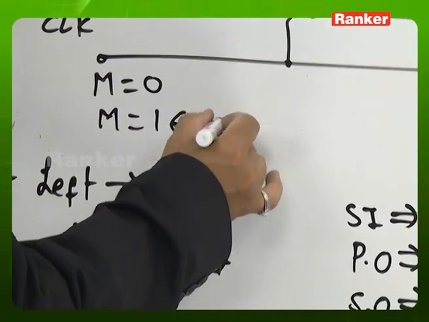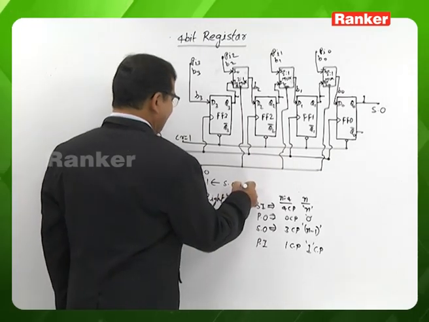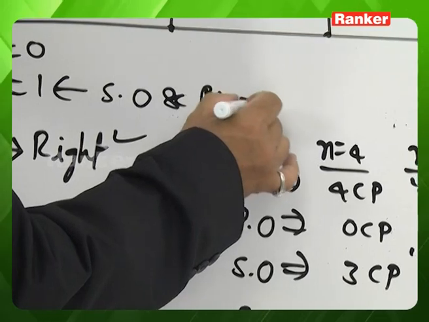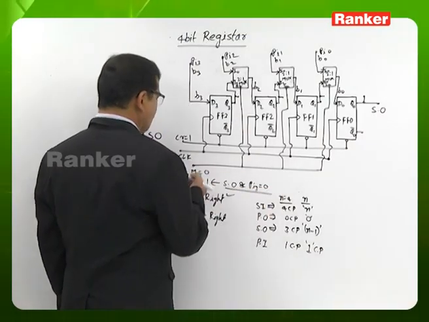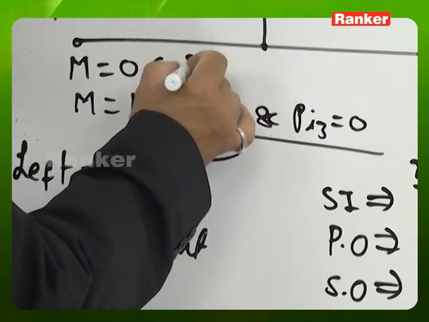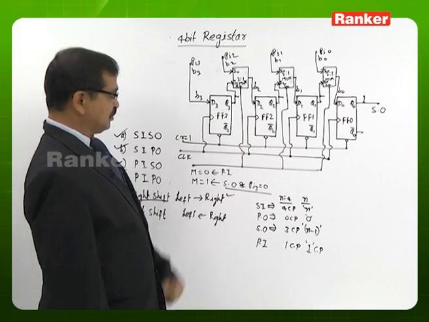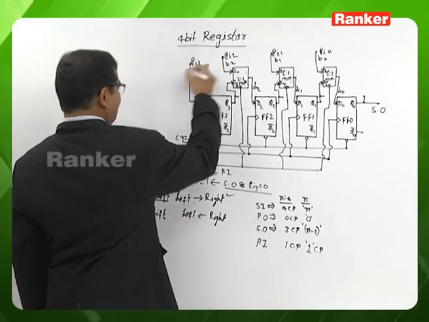For serial output operation purpose, we need to keep M is 1, and we need to keep the parallel input 3 as 0. And of course, M is 0 is the case for parallel input operation. For serial output operation, M must be 1 and the parallel input 3 must be 0.